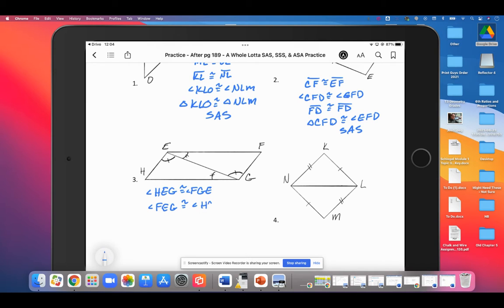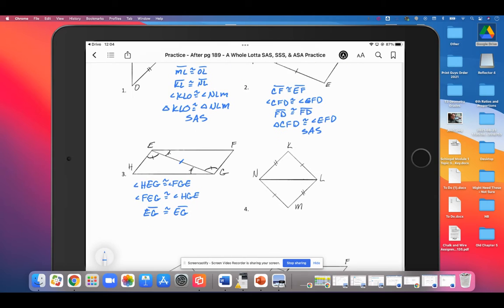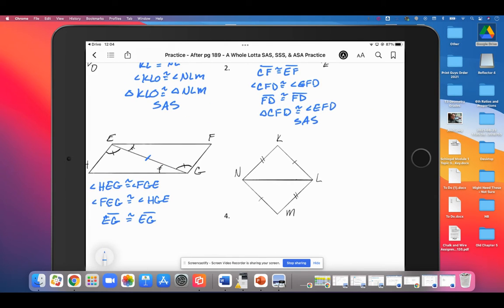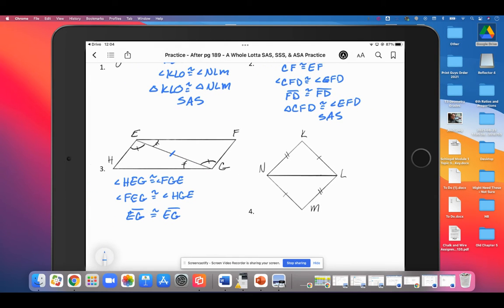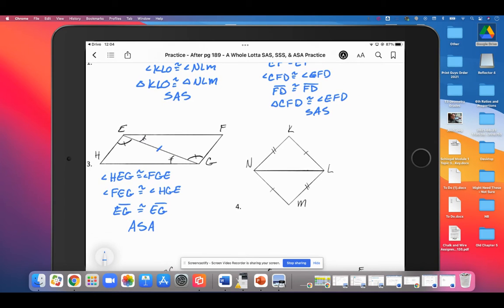I'll say it that way. And then I can see again, because of the reflexive property, that that is congruent to itself, so EG is congruent to EG. On to number 4. Oh, and that's by angle, side, angle. I have a side trapped between two angles, so angle, side, angle.